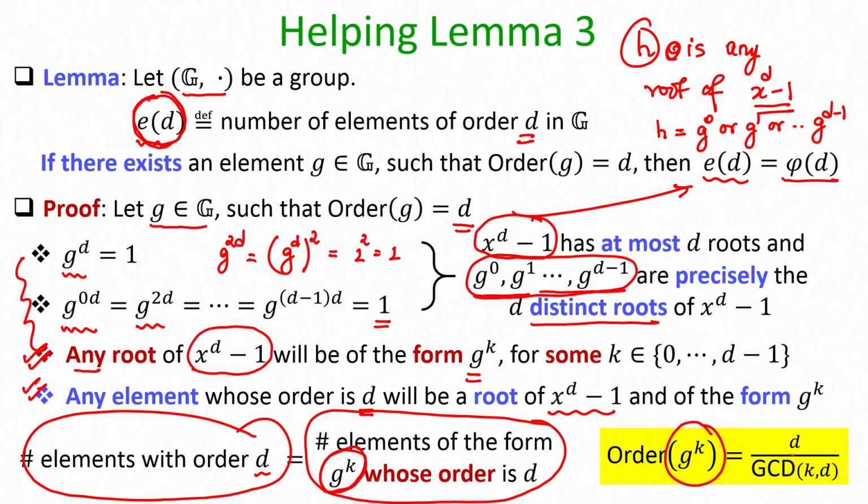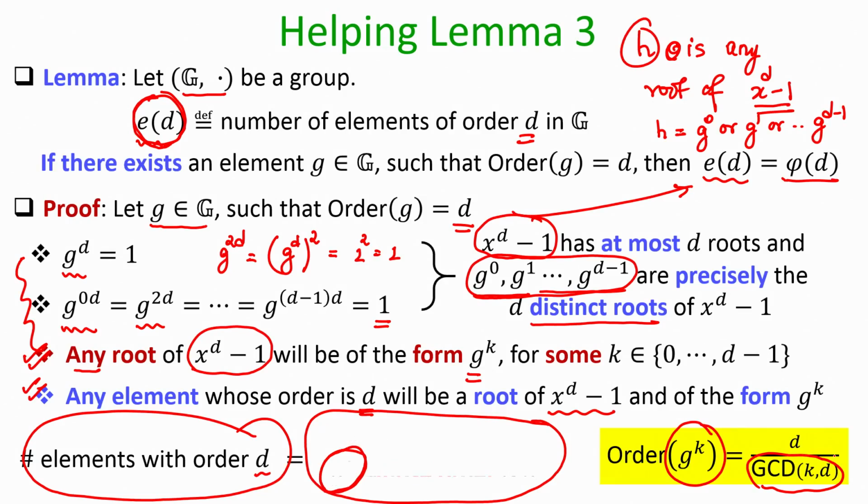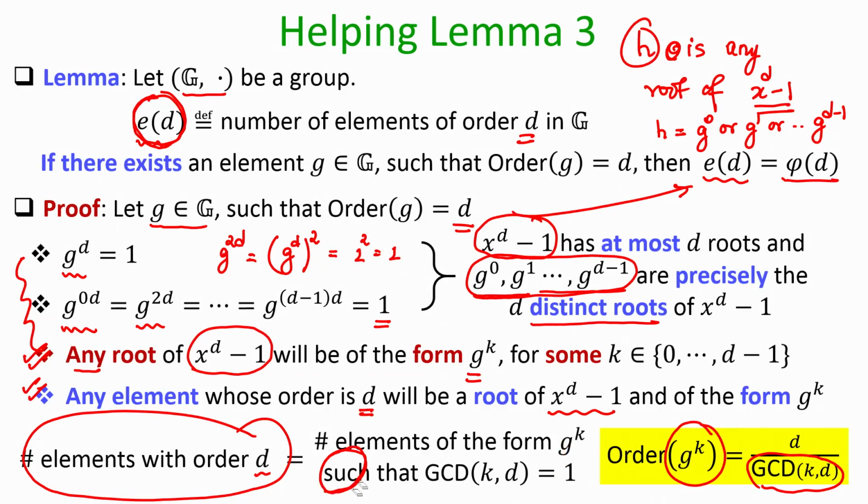So, when is the order of g^k precisely d? If the GCD of k and d becomes 1, then the order of g^k is d divided by 1, which is d.